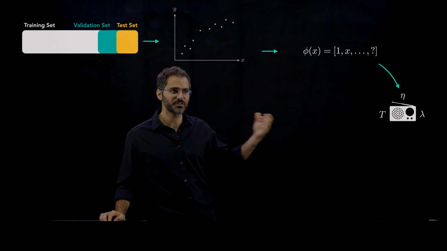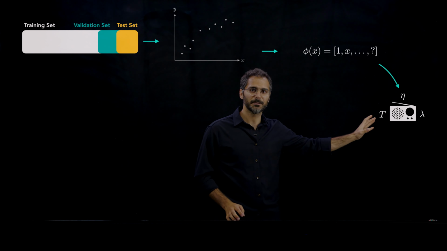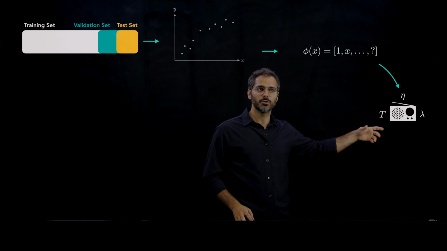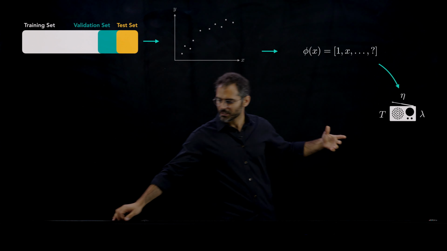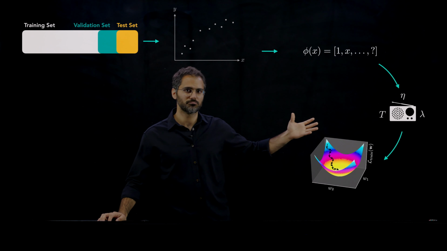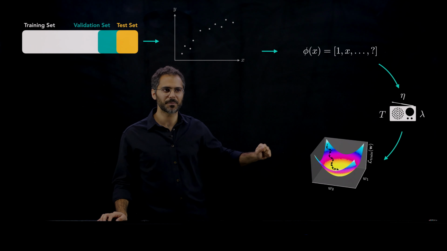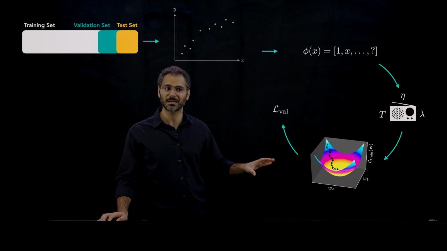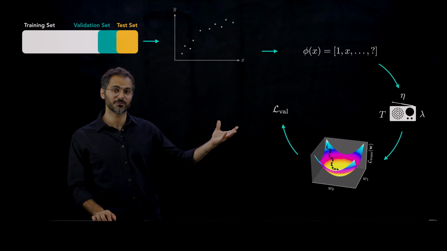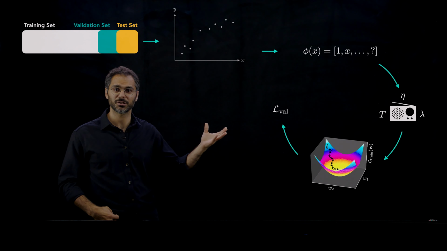Now, once you design your feature vector, you go to your hyperparameter tuning. You change your hyperparameters according to some metric, or you just try different hyperparameters, and then you run your gradient descent algorithm. Once you do that, you'll get your validation loss, your validation error.